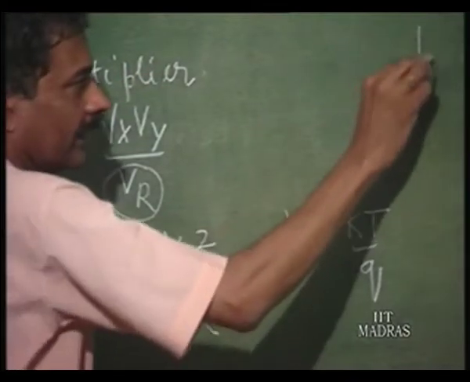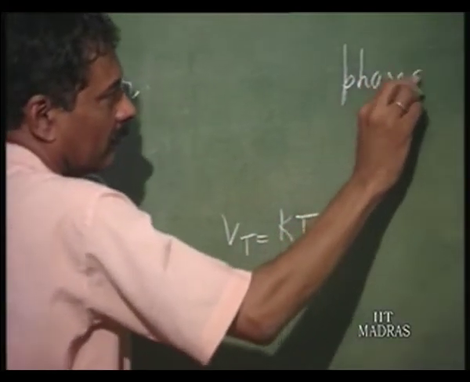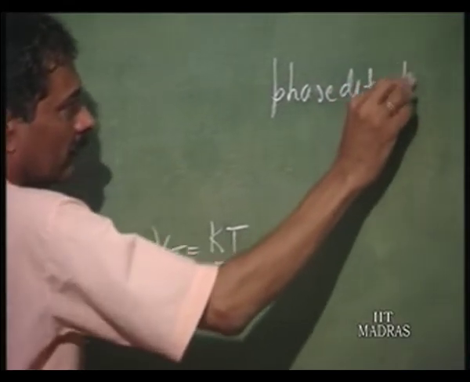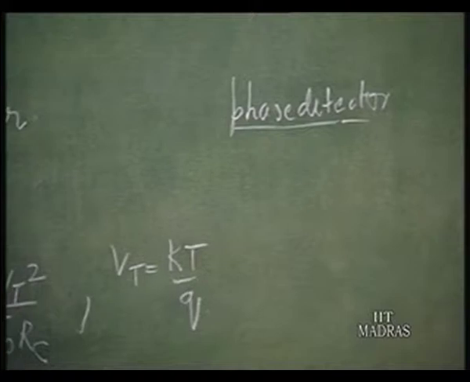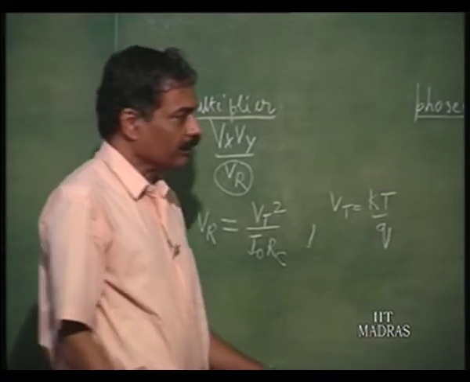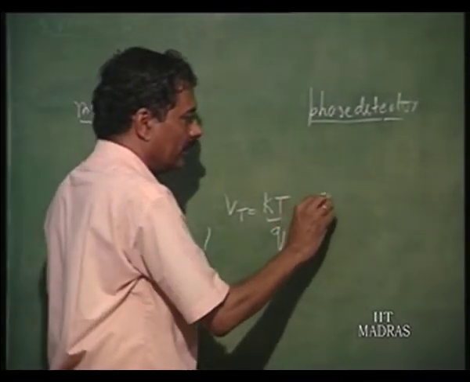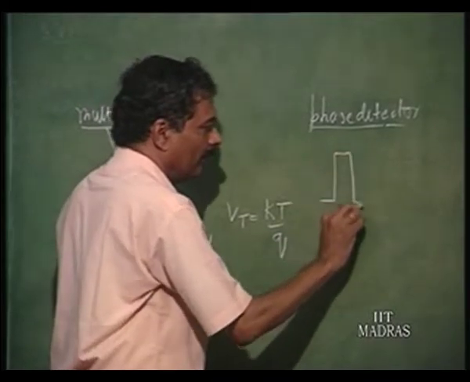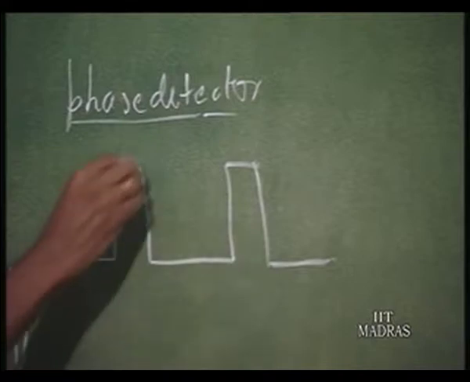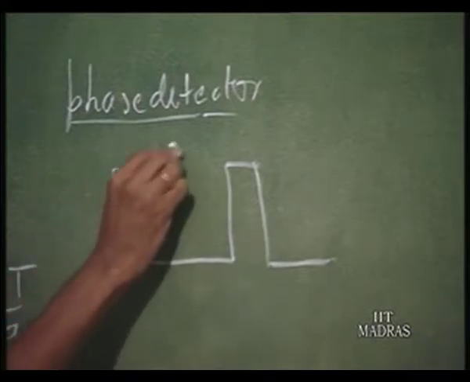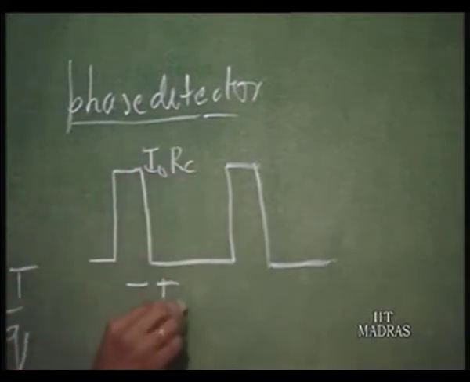As a phase detector, if it is used, again you can show that the amplitude will vary in the following fashion between I naught Rc and minus I naught Rc.